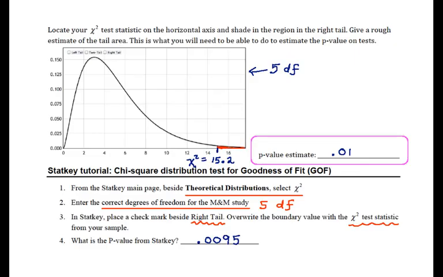I'm not expecting these guesses to be really accurate because it's hard to estimate area. But we do want to have some process to simulate this idea of finding a tail probability that we can do on tests when we don't have access to technology.